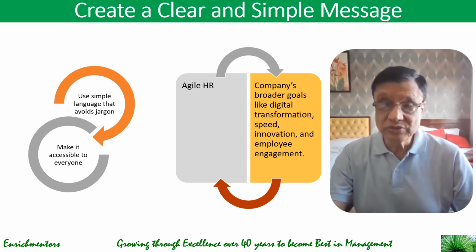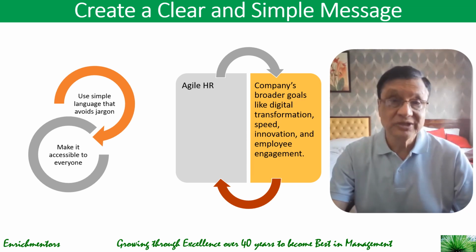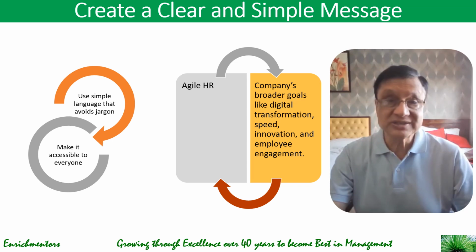Say, for example, you could say something like this: we are adopting Agile HR to make decisions faster, help you grow in your role, and respond quickly to the changing needs of the business and our employees. So that's how you can create a simple, clear message and start communicating to your employees.